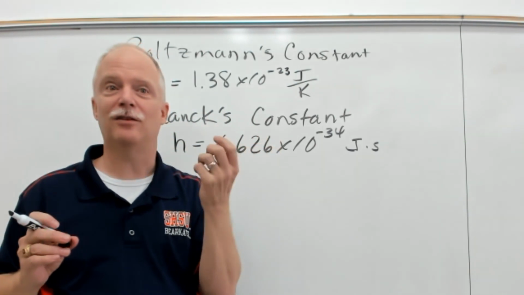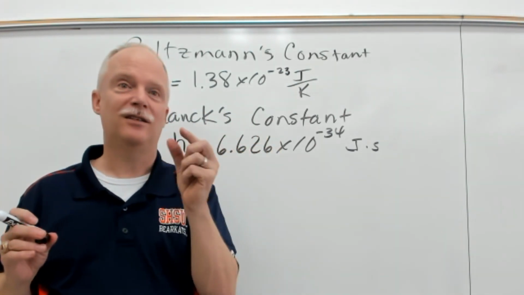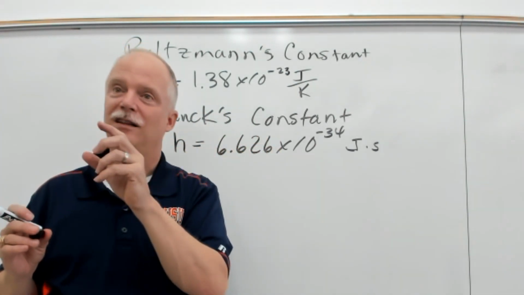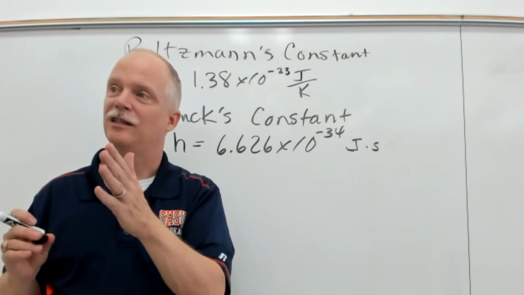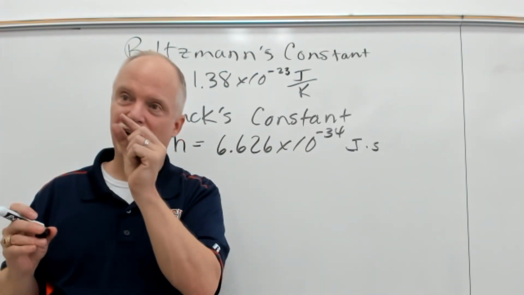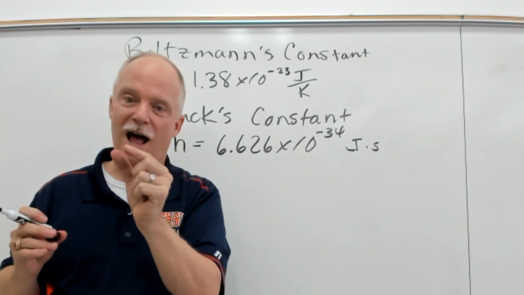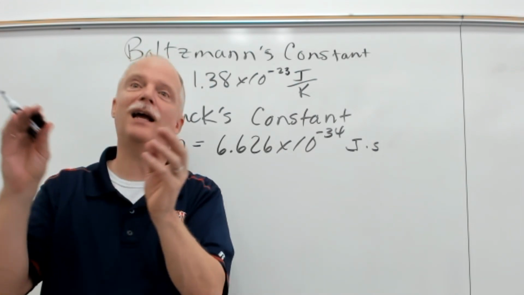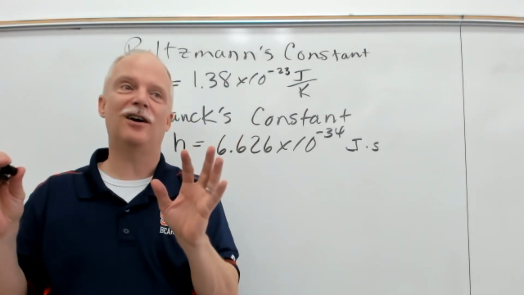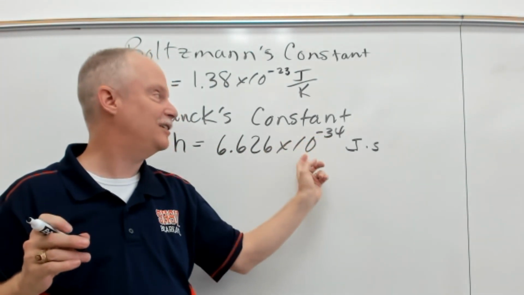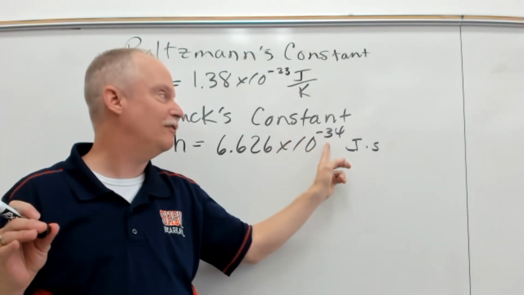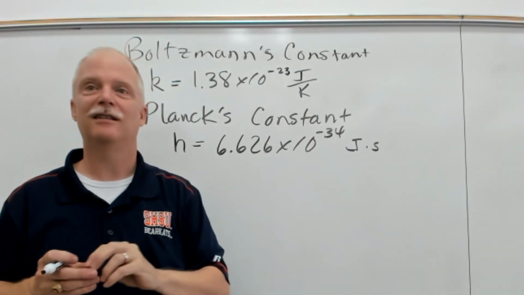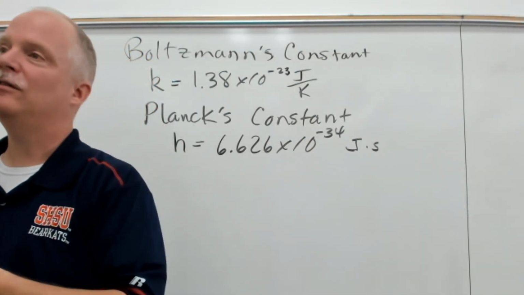So a 10 to the minus 34 second. Okay, so they're getting down into the beginnings of the universe as they study the origins of the universe, and they're getting down to sort of what happened in the first amounts of Planck time. And so when you hear that term, we're talking with this unit, you can see it's something on the order of 10 to the minus 34 seconds. Very, very small time.